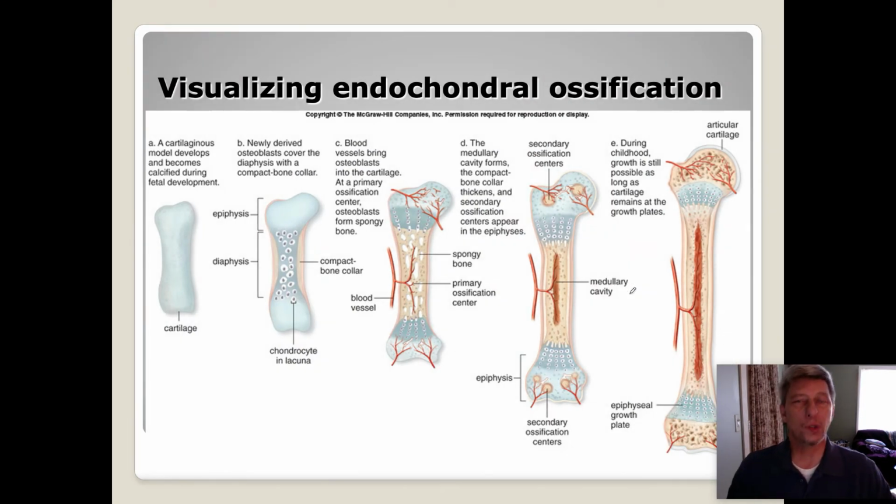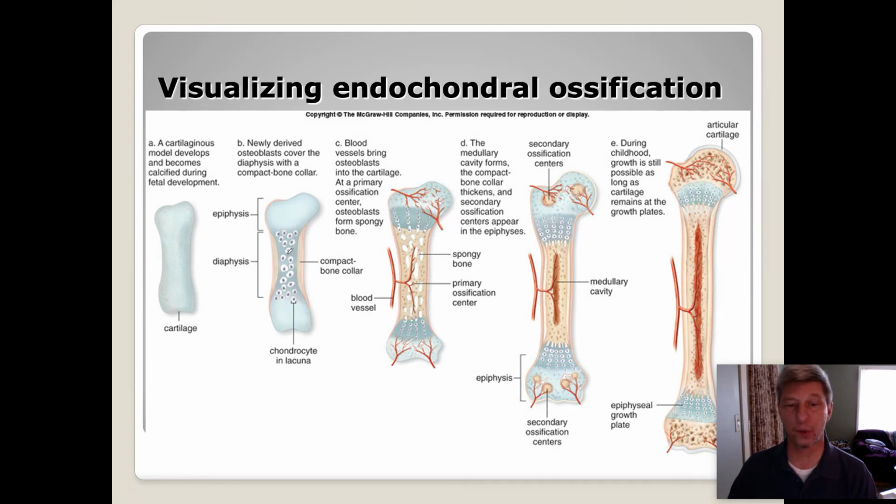All right. So if you start on the left side of this page and follow your way over to the right, you start with a cartilaginous model, which develops when the fetus is very, very young. It starts ossifying from the middle out. You can see there are chondrocytes here.